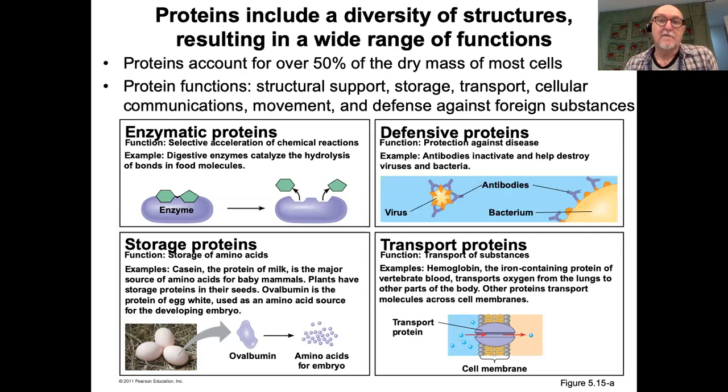The next function is, in actual fact, also a kind of enzymatic function, but it is a specialized function. And that is that proteins are able to govern transport of specific substances. So, for example, in the cell membrane, I told you the importance of the cell membrane was that it allowed conditions to be different on one side to the other.